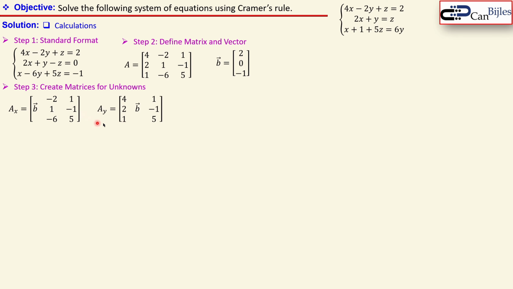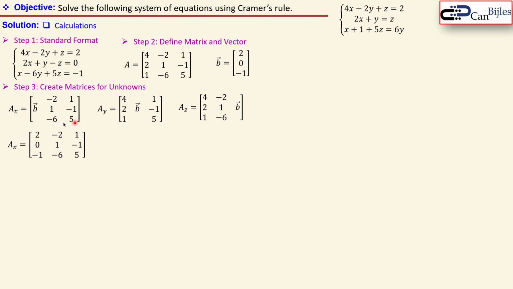Now we do that in a similar form for the unknown y. We have a new matrix A sub y, where you replace the second column, and the rest is exactly the same as matrix A. And A sub z, for the unknown z, we only replace the third column. So again, the first column replacement for the unknown x, the second column replacement for unknown y, and the third column replacement for unknown z.